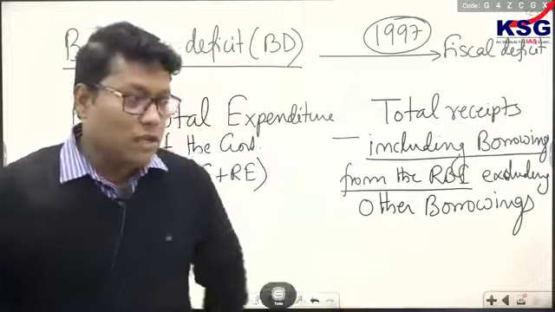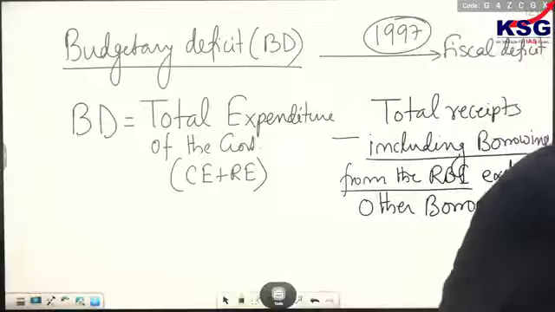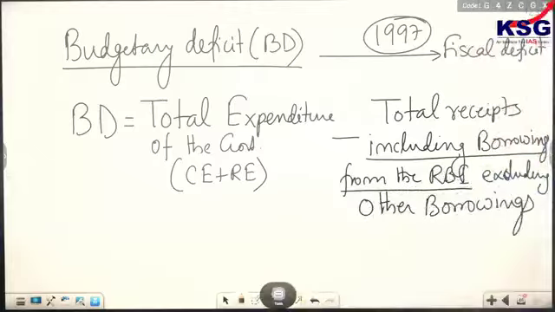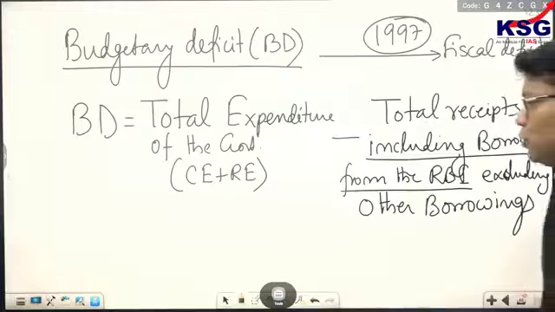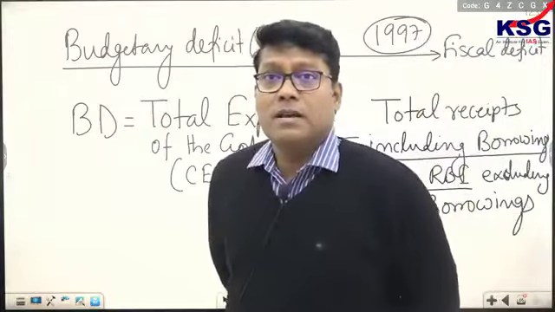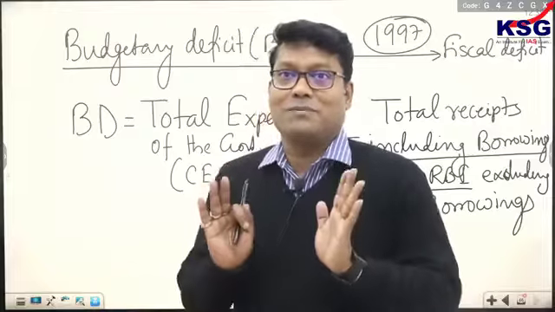Earlier, whatever amount the government was borrowing from the RBI was considered a part of receipts, so you were not excluding it to calculate the deficit amount. But other than RBI borrowings, all others were considered borrowing.